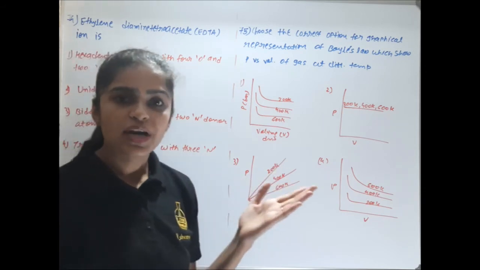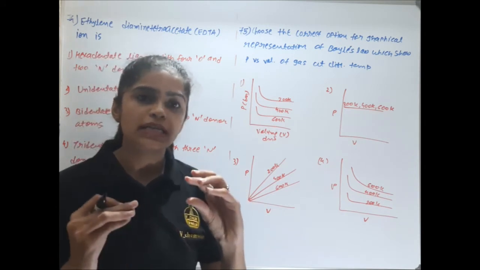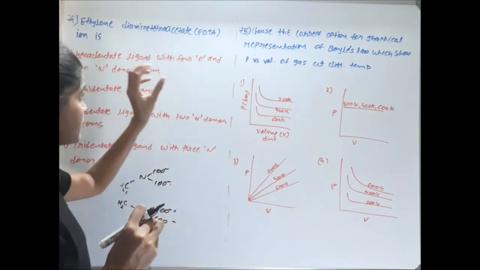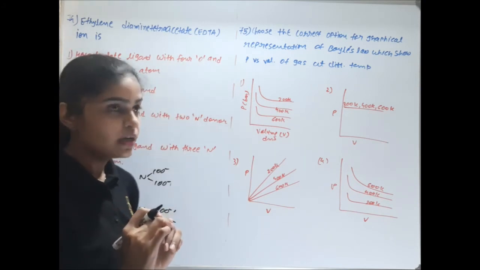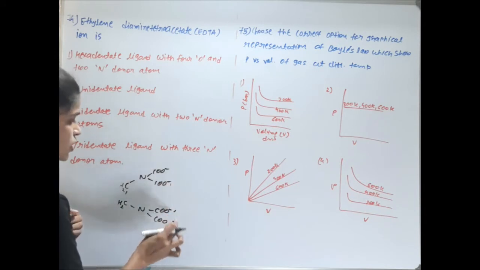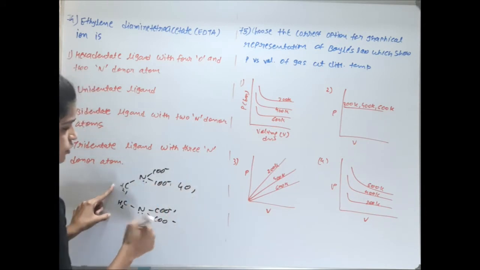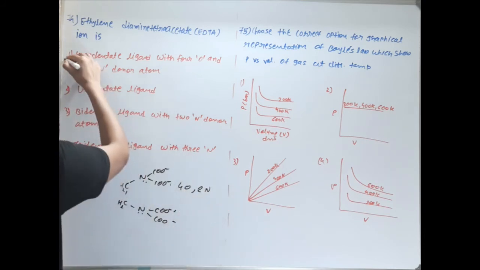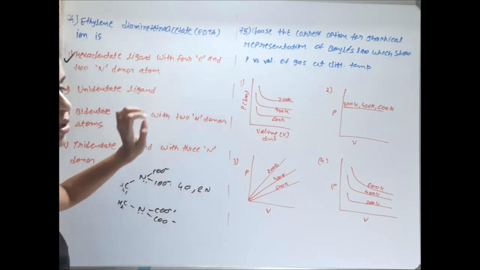Monodentate, bidentate, tridentate and hexadentate. Monodentate means only one donor atom donates an electron pair, bidentate 2, and in the same way hexadentate means 6. Four oxygen and 2 nitrogen donor atoms are present: 1, 2, 3, 4 oxygen and 1 and 2 nitrogen. So 2 nitrogen atoms are present, so this is a hexadentate ligand. The right option is hexadentate ligand with 4 oxygen and 2 nitrogen donor atoms.